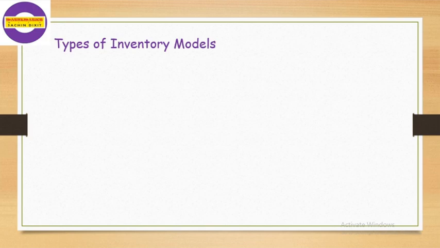Inventories may also be classified depending on their nature of use. They are, first, fluctuation inventories. These have to be carried because sales and production times cannot be predicted accurately.